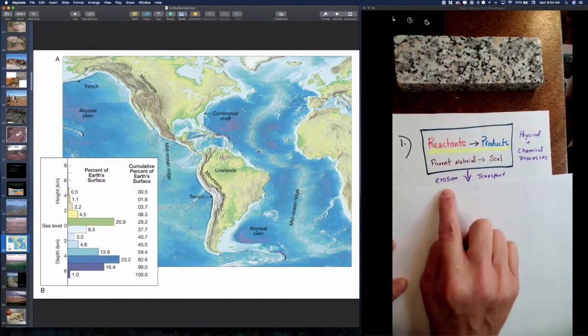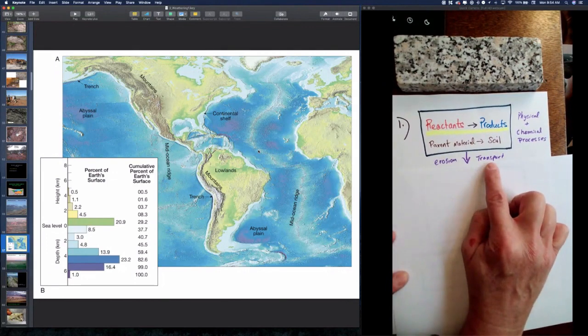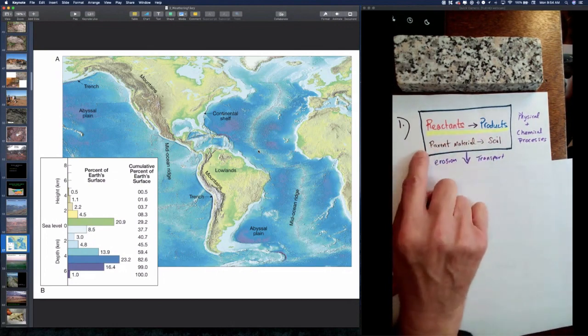So then we take that material from that mountain in Boulder, and every time it rains, a little bit of it washes down the mountainside. So we get erosion. It goes down into streams, and there at the bottom of that mountain, there's a stream called Boulder Creek, and it gets transported now down the stream. So we're gonna take this material, this box in this flowchart scheme.